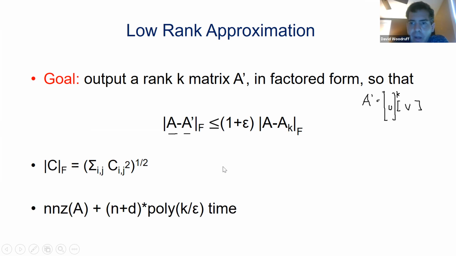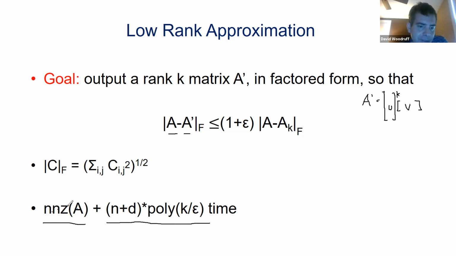In fact, there are much faster randomized algorithms for this purpose. They achieve a running time which is nnz of A, where nnz of A is the number of non-zero entries of A, plus what's typically a low-order term, n plus d times poly k over epsilon. K is the rank parameter, epsilon the accuracy.